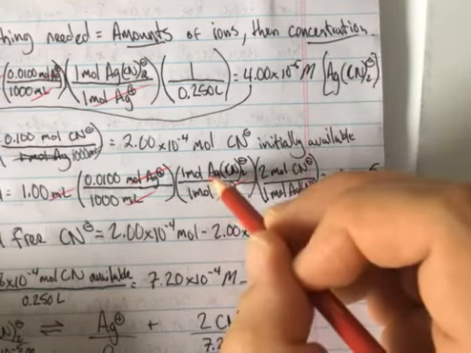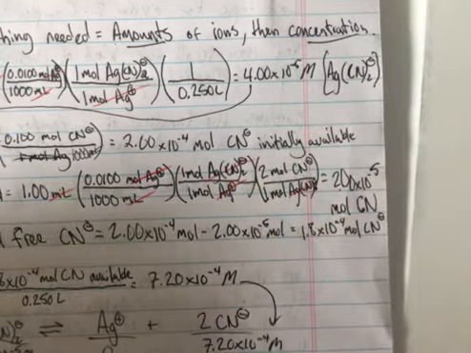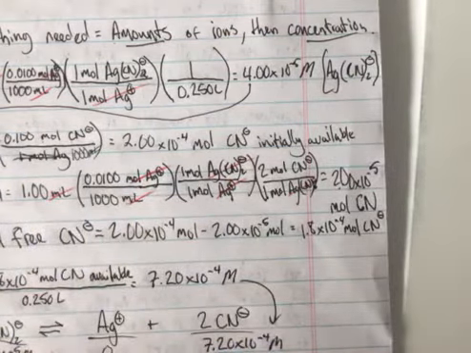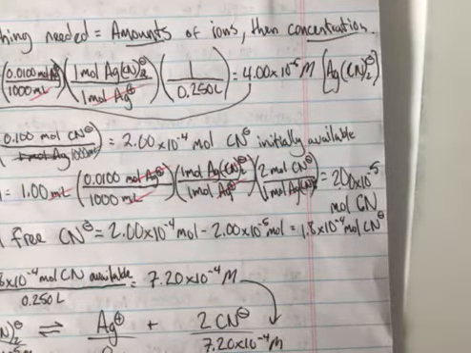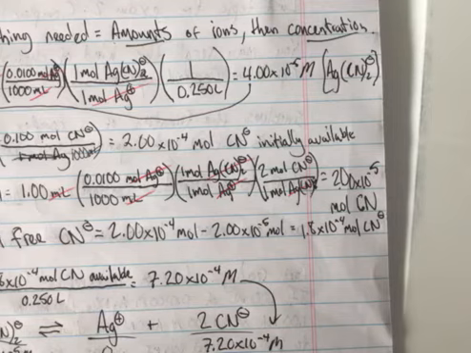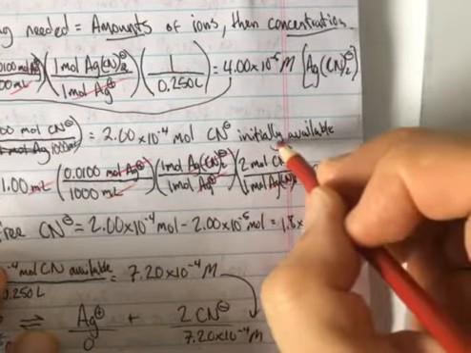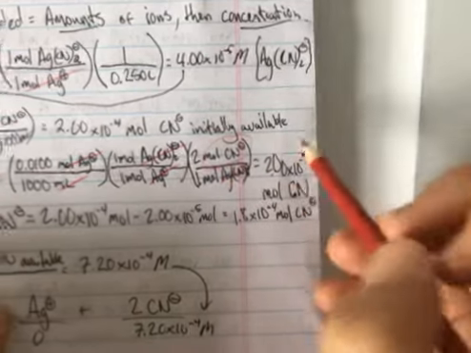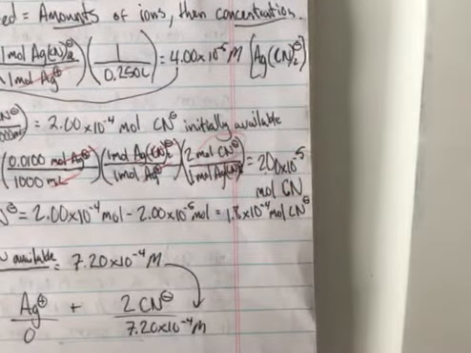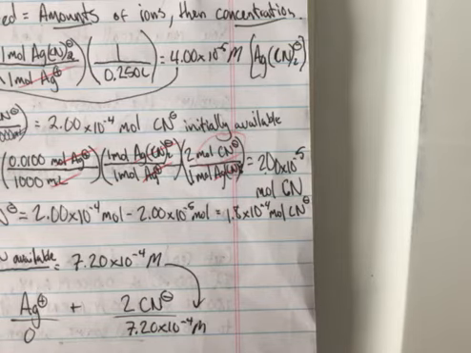Because we need 2 moles of those to equate to 1 equivalent of silver cyanide. So we're just going to be left with moles of CN minus. That calculates out to be 2.00 times 10 to the minus 5 moles of CN minus.